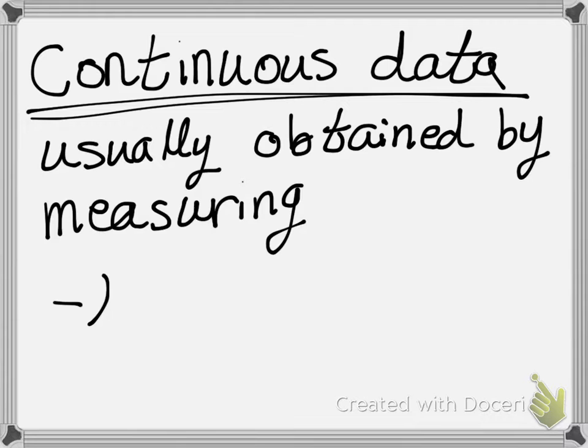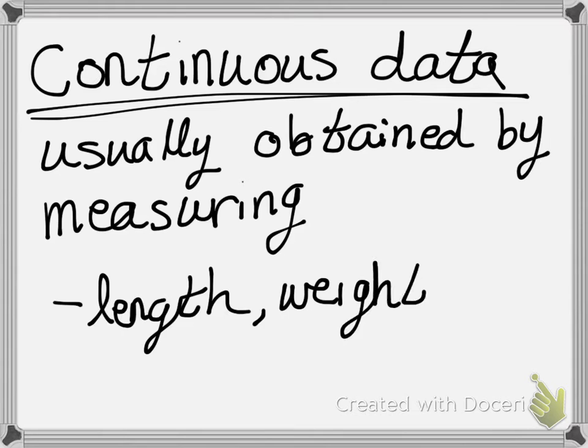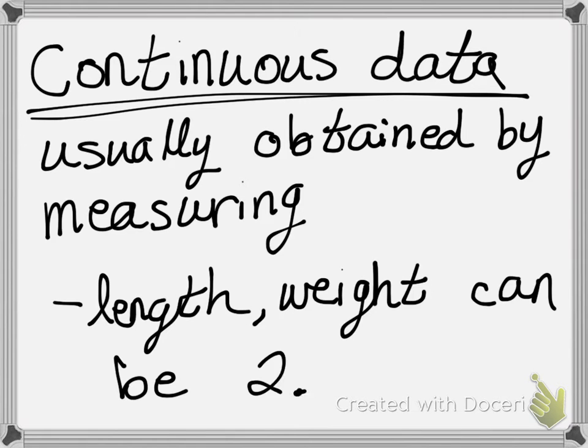So for example, if you're measuring a length or talking about the weight of something, those things can be decimals, 2.5 or 2.6 or anything in between, 2.54623. We can get all of that. It's continuous. There's never going to be a number that it couldn't possibly be.